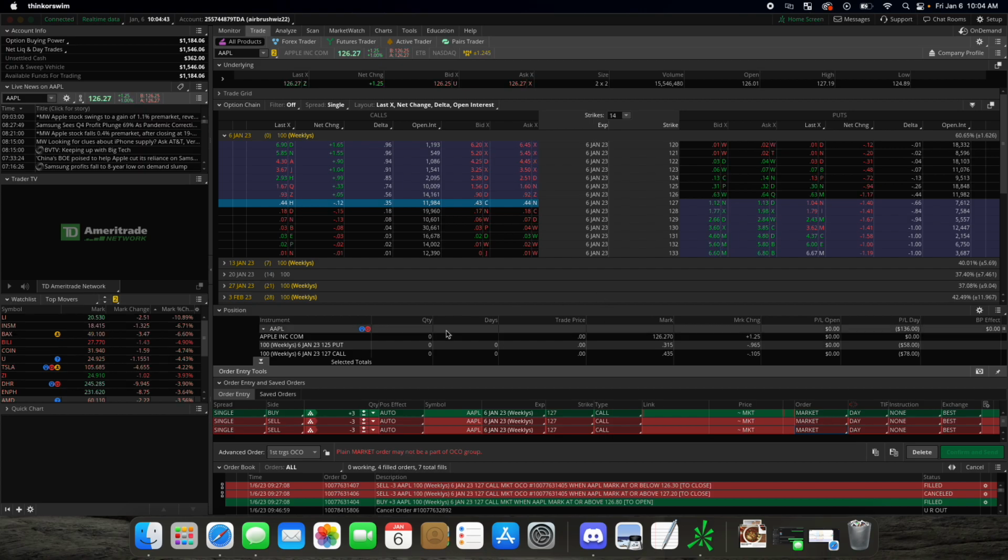For Apple, we can see, look, it's got a 2-cent spread. I don't really care about shaving off a couple cents to get my entry. What I care about is getting the entry and then also triggering the exit. If a stock is moving fast, limit orders have a high chance of not being triggered.